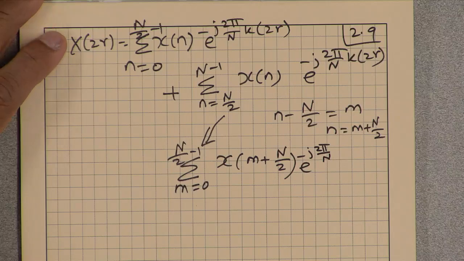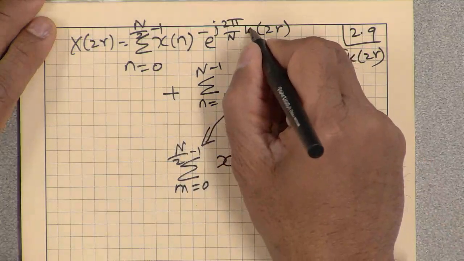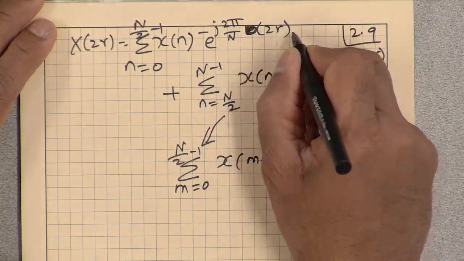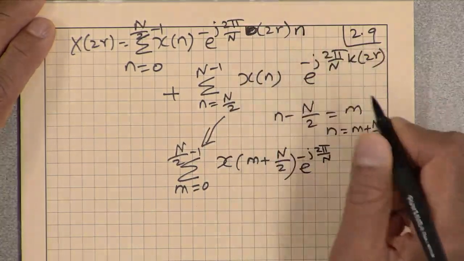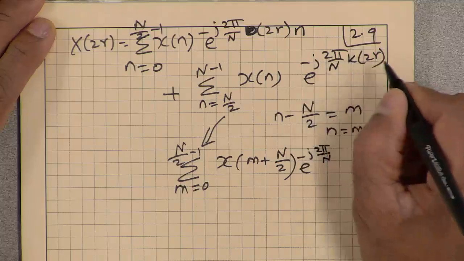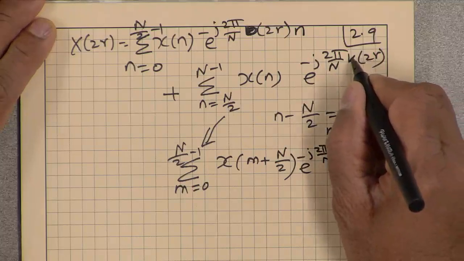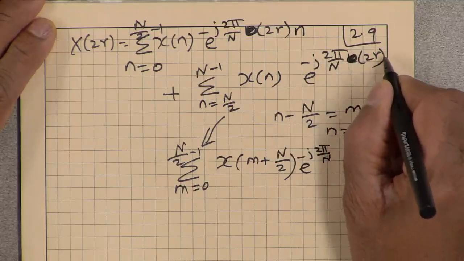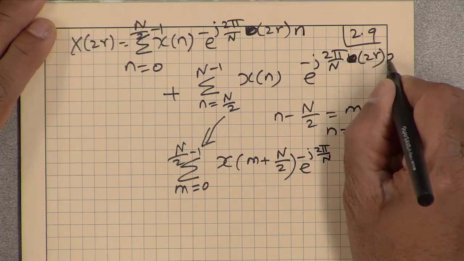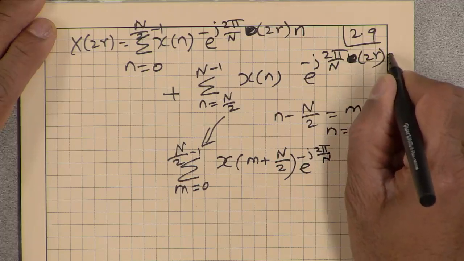Something has gone wrong, right? Yes, that's what I notice now. So k is replaced by 2r, the N stays. Thank you. So k stays as 2r, and then that N stays here.